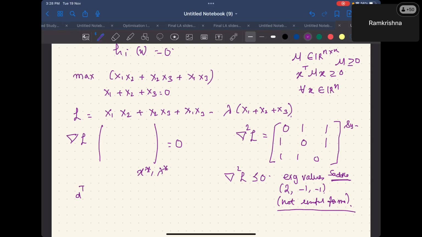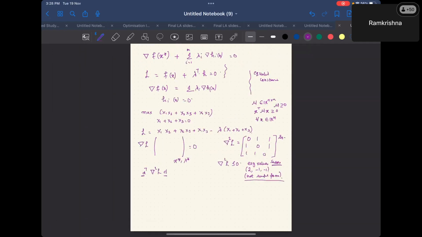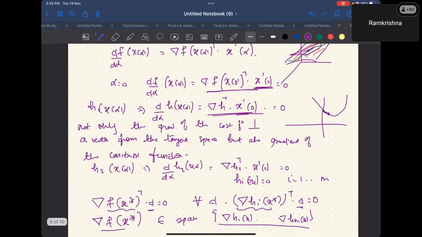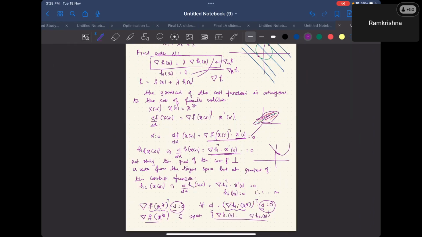I don't really use that directly over here because there is a restriction on this d. I don't arbitrarily go in any direction, right? And the reason why we spent time deriving those directions d is essentially because of this also. So I'm only in those regions which are orthogonal to the gradient of h.